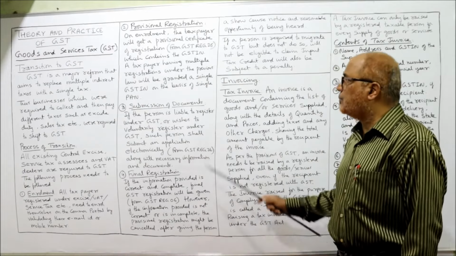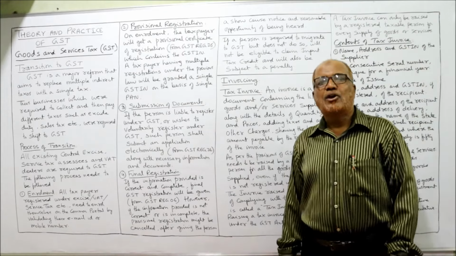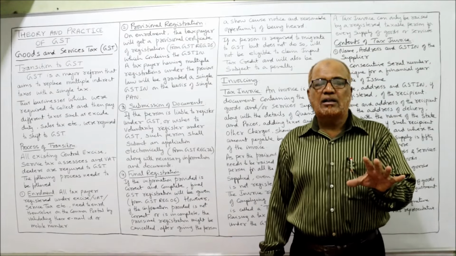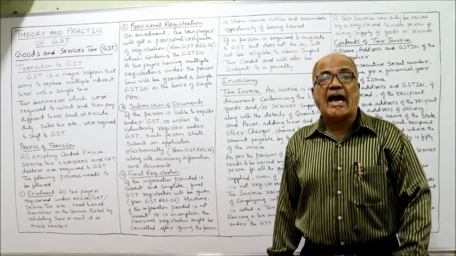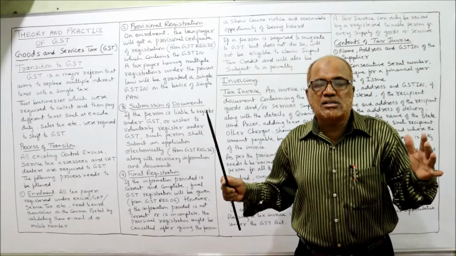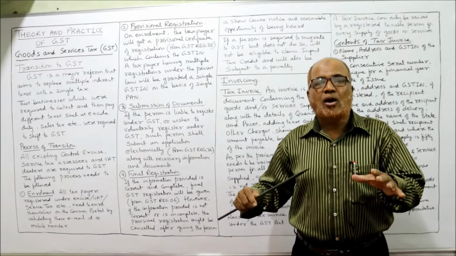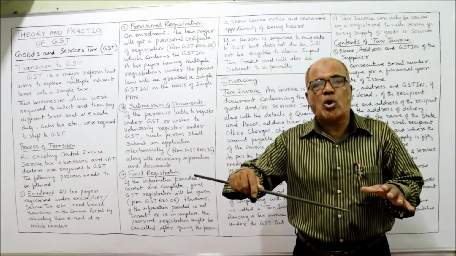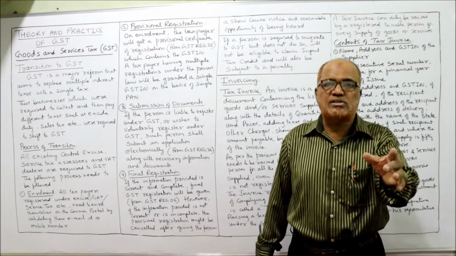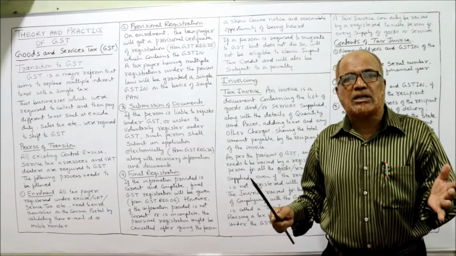But after giving the person a show cause notice and reasonable opportunity of being heard, without being heard, the proper officer cannot cancel the registration. First of all, if the application is incomplete or wrong data is given, then a show cause notice should be given by the proper officer to the applicant that these are the information which is not correct.